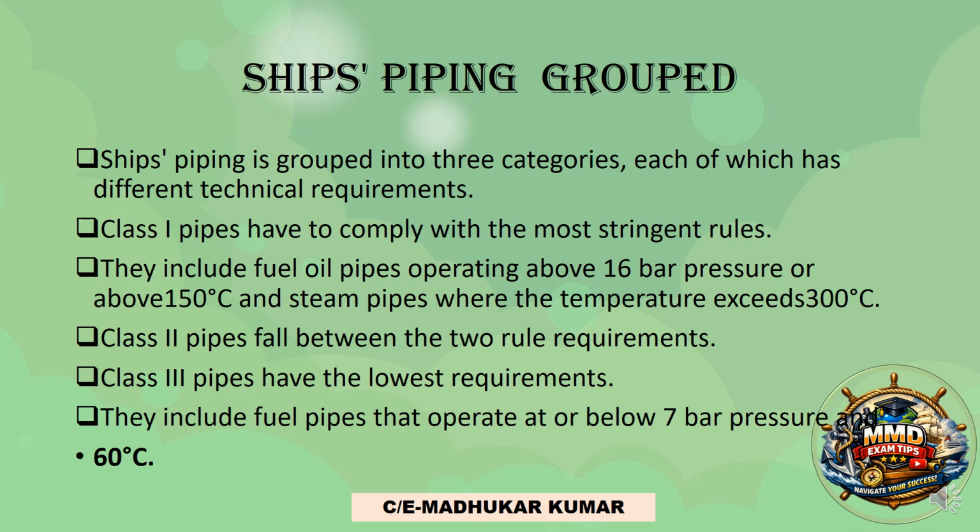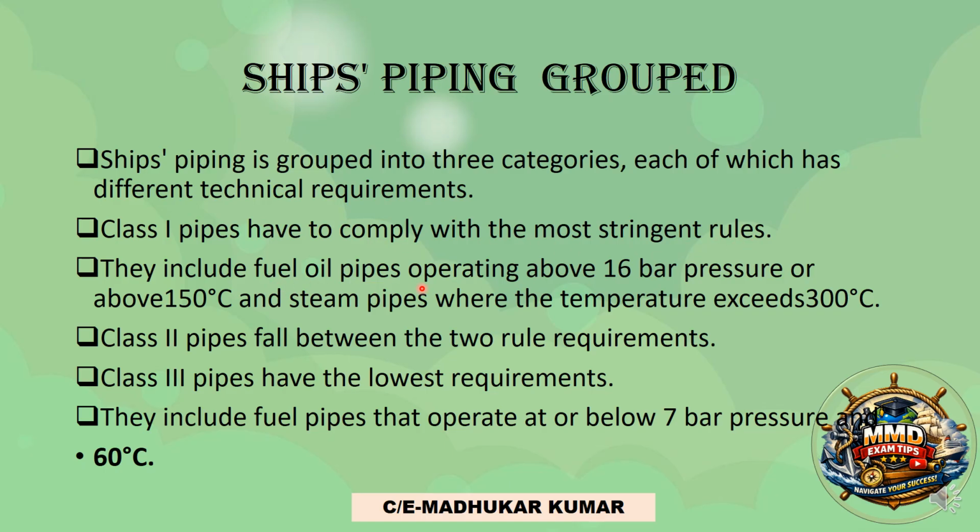Basically, ship's piping is grouped into three major categories, based on the class as per the technical requirement. So as you can see over here, this is class 1 pipes, and they have to comply with the most stringent requirements. What are these pipelines?